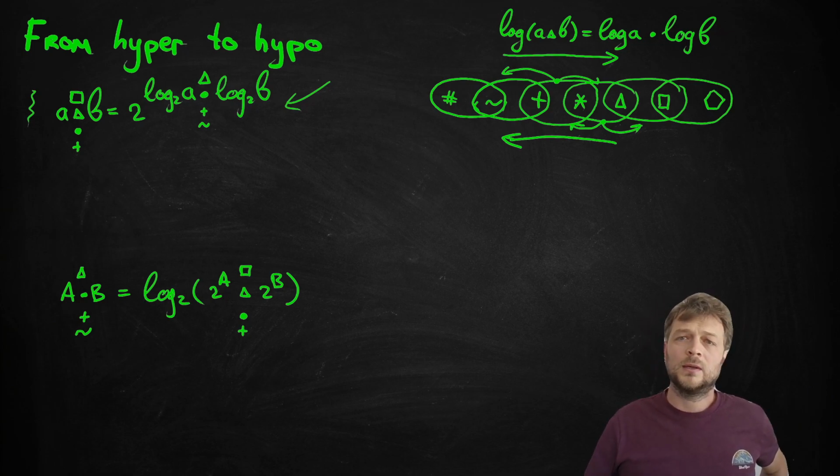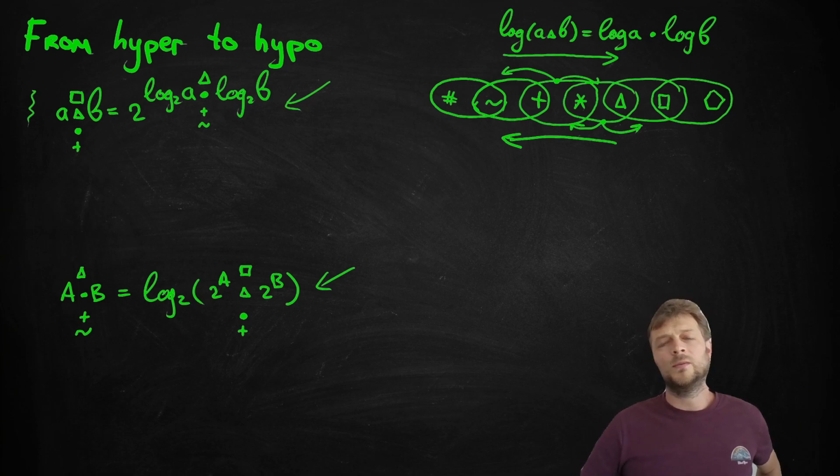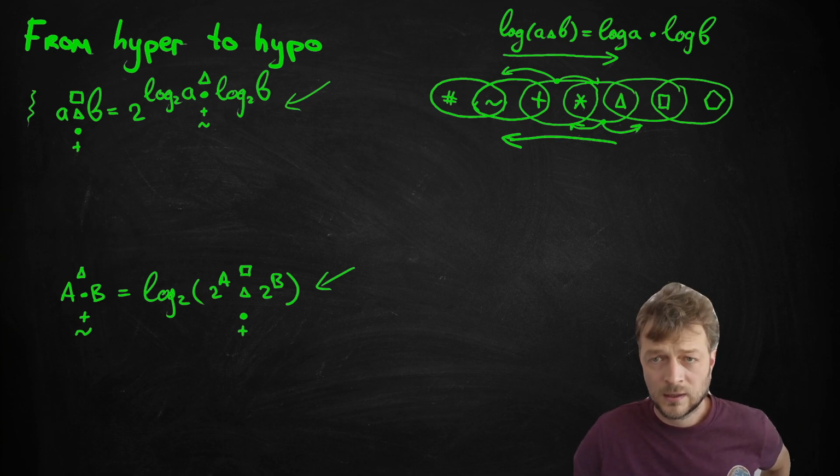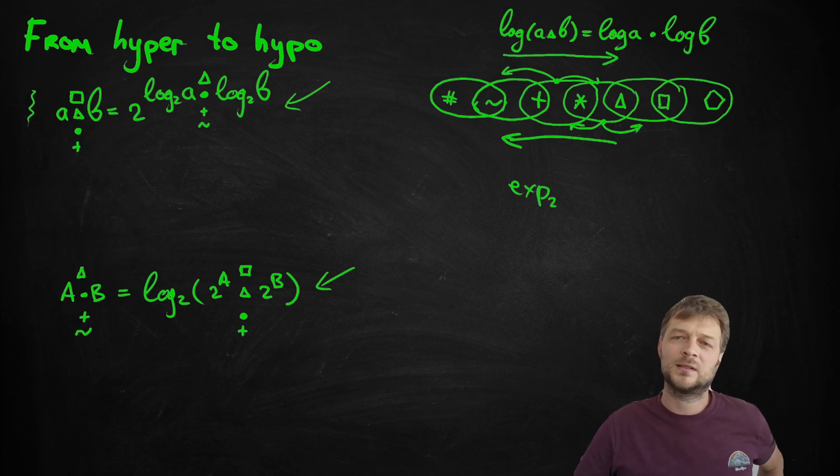So now, if I take the exponent from both sides of this expression, and by exponent I will not only mean e to the power something, but it could be an exponent with arbitrary base. If I write exp2, it means something like 2 to the power something.